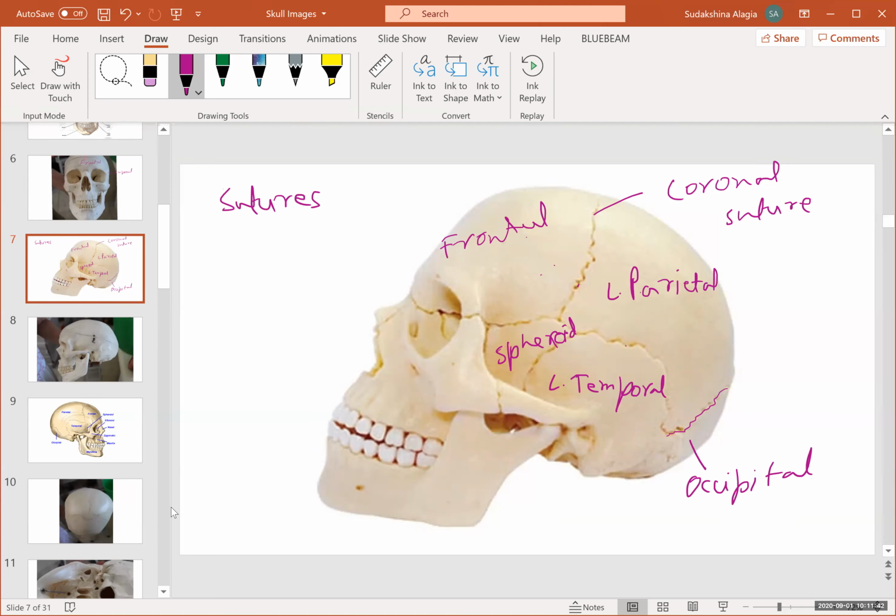We'll look at the sagittal suture in a second. The suture between parietal and occipital, and temporal too, but mostly parietal and occipital, this suture is referred to as the lambdoid suture. I'm just writing S for suture.